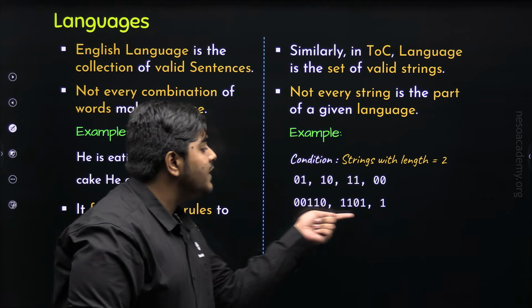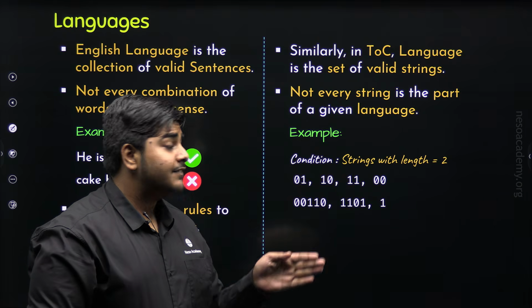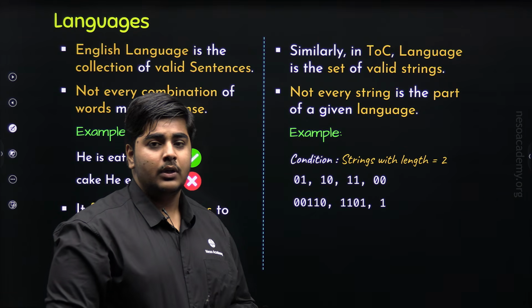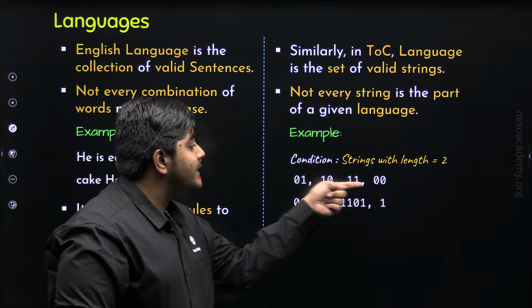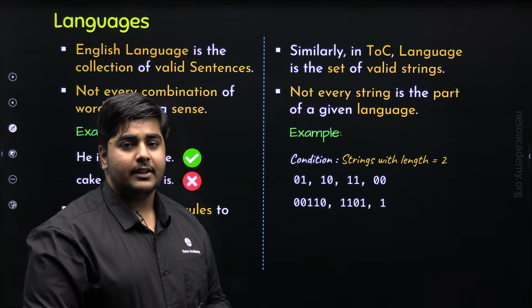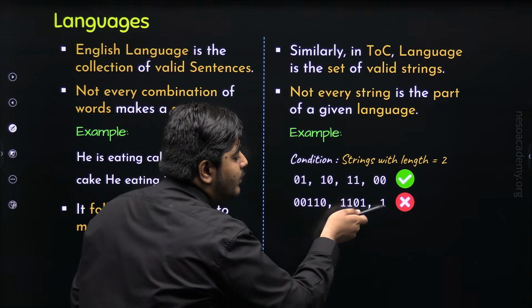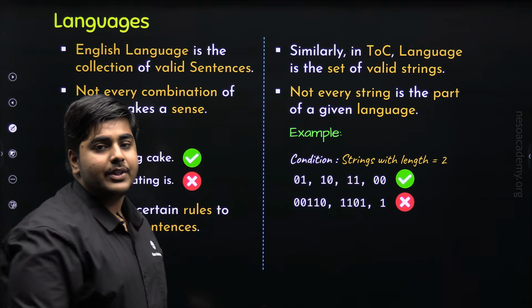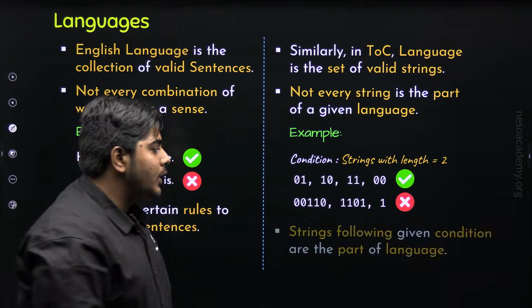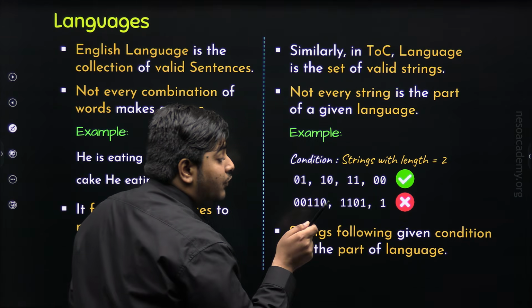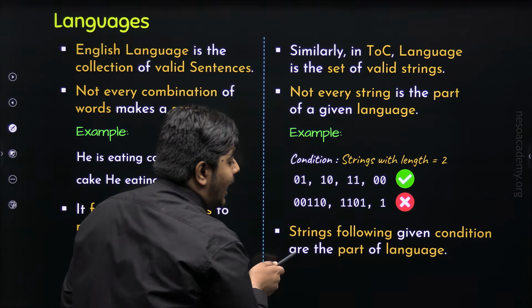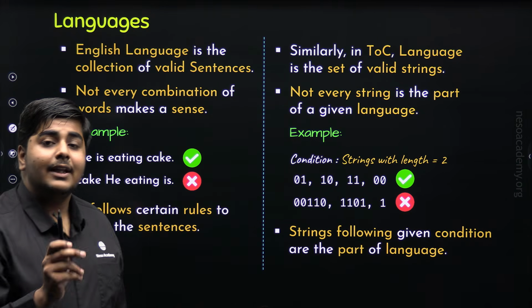That means none of the strings in this set have length equal to 2. That means the first set of strings is a valid set. And these strings will be part of the language, and these strings will not be part of the given language. So we can conclude that strings that follow the given conditions are part of our language.